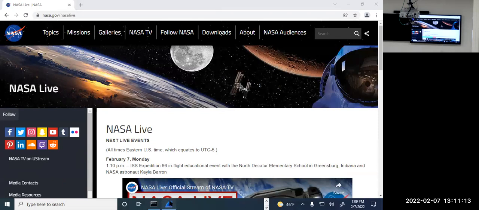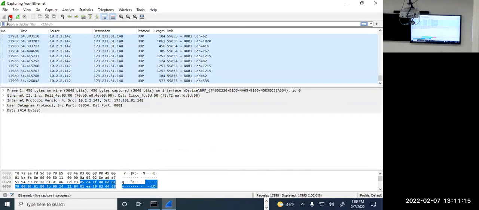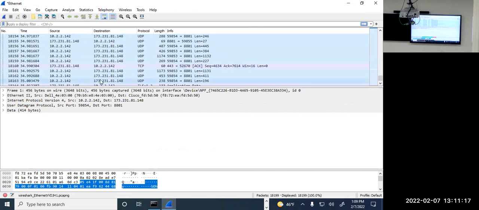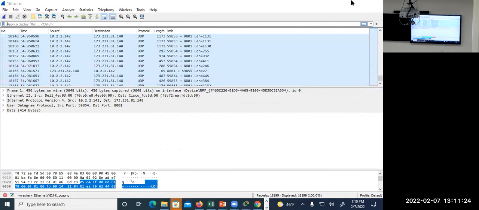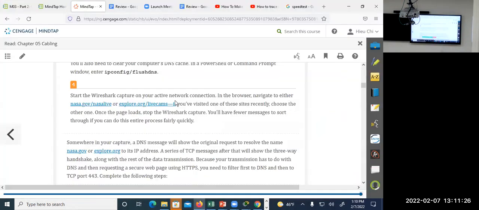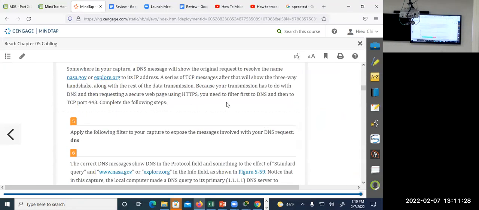Now I just stop it. Okay, so now I already captured. I can capture everything as I go to here. So now I can do the analysis from here.